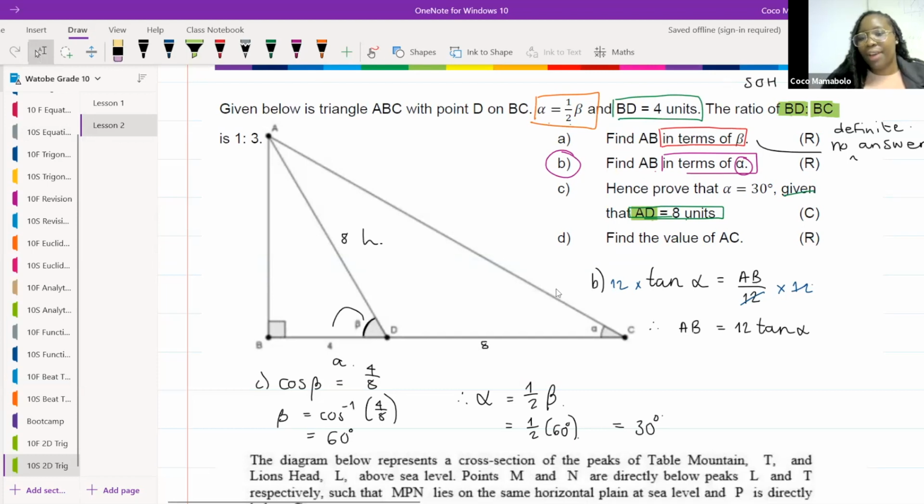Now it says, find the value of AC. Last question, guys. Find the value of AC for me. We now know that alpha is 30 degrees, right? We've got our BC over here, it's 12.